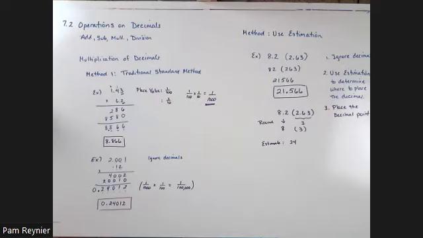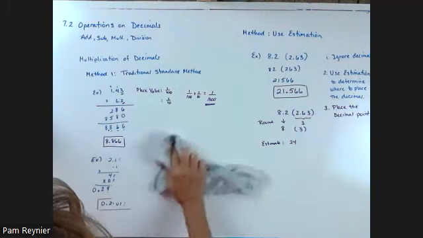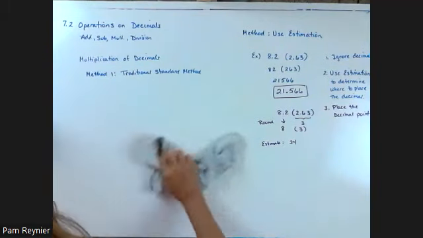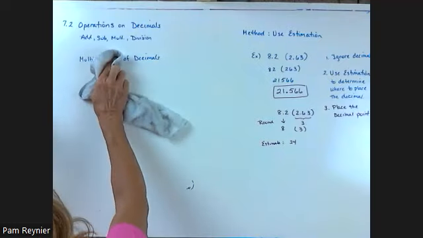That's pretty much it for multiplication. And then as far as division, we pretty much just use our standard traditional method for division. So let's take a look at division.